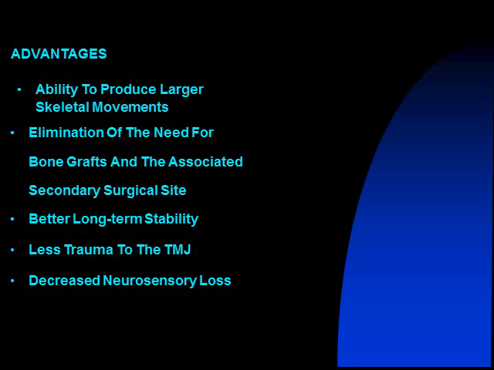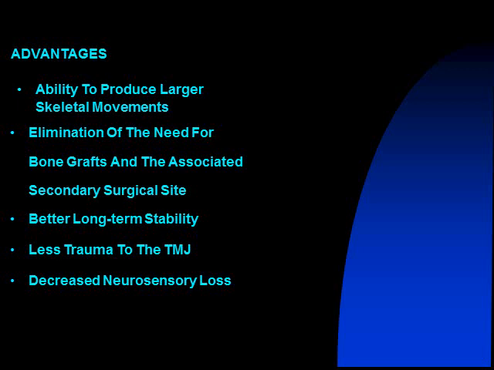But in distraction osteogenesis, we can move it larger distances, because the surrounding tissue will also respond to the distraction and will form new tissues, and it will regenerate in response to the distraction forces. We will eliminate the need for bone graft, as we use the same area to create new bone.